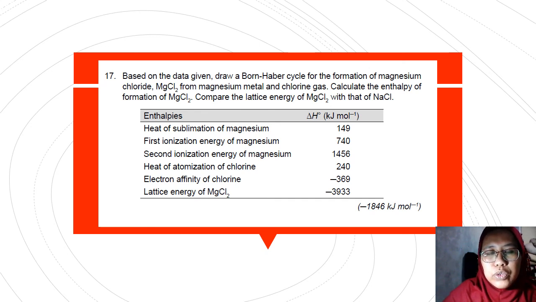So you have to sketch and draw a Born-Haber cycle and calculate the enthalpy of formation of magnesium chloride, and then you have to compare the lattice energy of MgCl2. So basically, drawing Born-Haber cycle 4 marks, and then finding the enthalpy of formation 2 marks. Comparing the lattice energy is 2 marks. So there would be as much as 8 marks here.